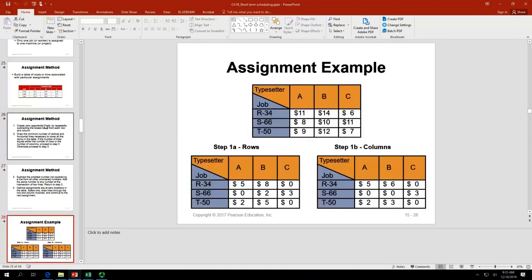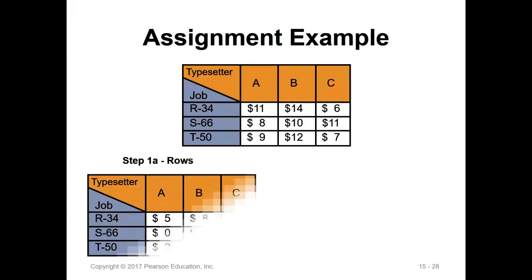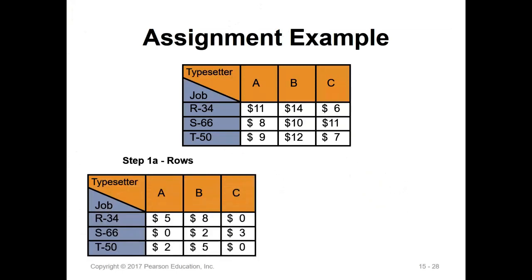In this example, the first step is to look at each row and subtract the minimum number in each row. For example, the first row is 11, 14, and 6.